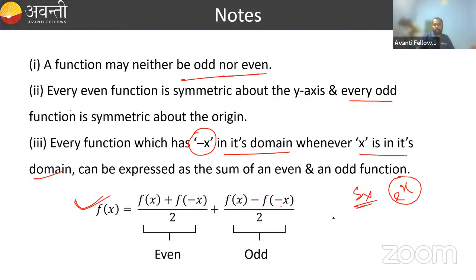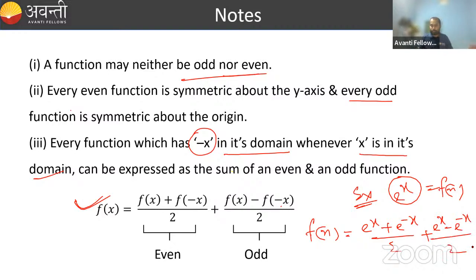e to the power x, we can express as the sum of an even function and an odd function. How? This is my f of x. f of x is equal to e to the power x plus e to the power minus x divided by 2, plus e to the power x minus e to the power minus x divided by 2. Clear?